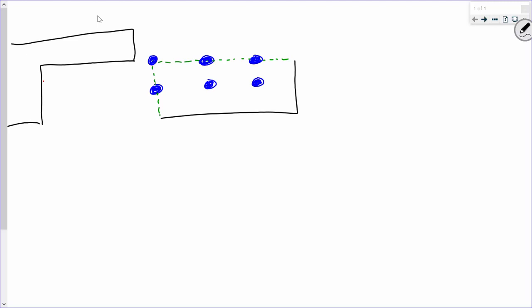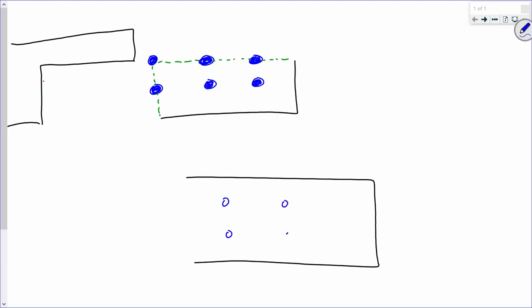This would not be a viable failure path if I had the same thing and I did this. Think about it, an easy way of visualizing this: take a sheet of paper, draw this out, and for every bolt, get a thumbtack and stick it on a cork board.